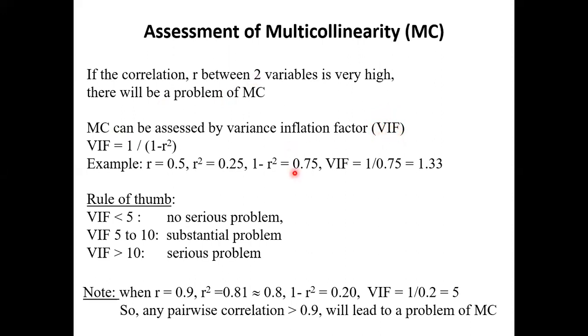I don't want to go into details of how to interpret. A VIF less than 5, no serious problem. VIF 5 to 10, there is some problem. VIF more than 10, serious problem. A VIF of more than 10 means at least two variables are very highly correlated. Later we'll see an example.